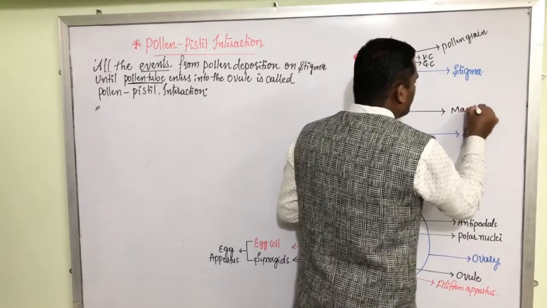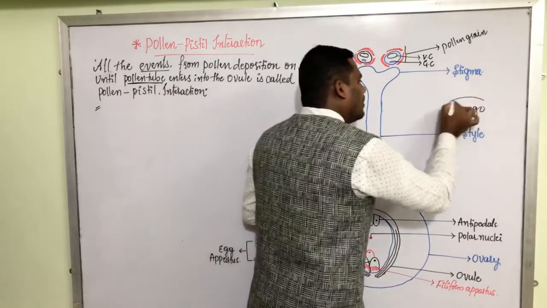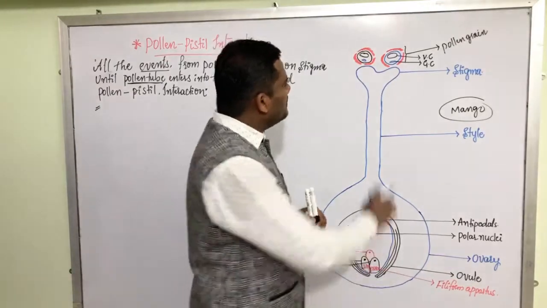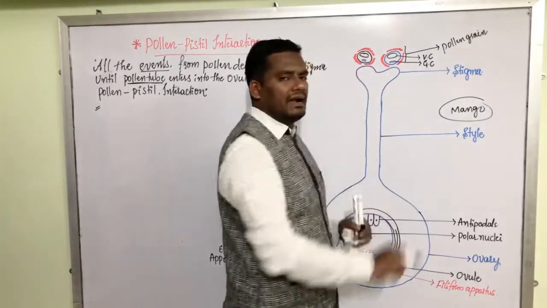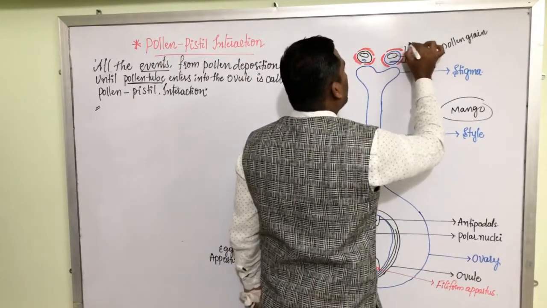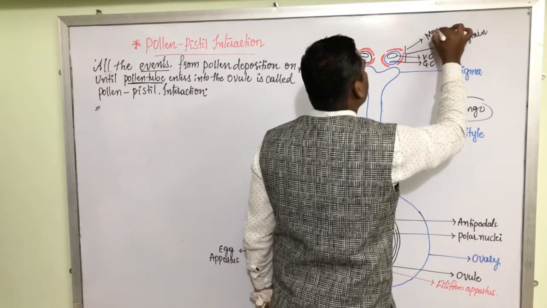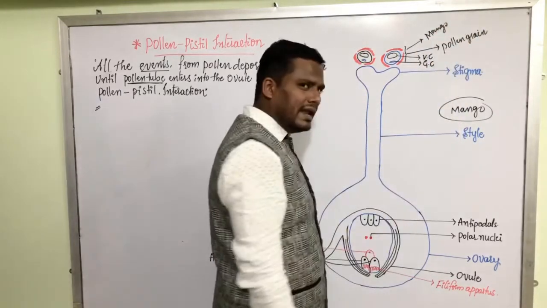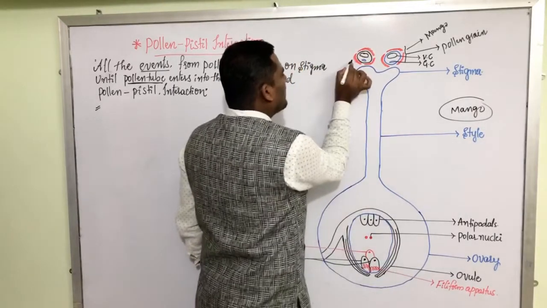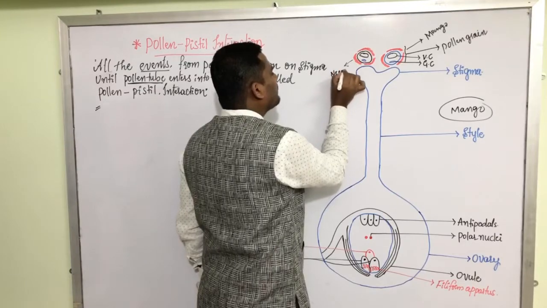It is the mango pistil. On the stigmatic surface of the mango pistil, there are two pollen grains landed. Consider this pollen grain belongs to the mango. Mango pollen grain is landed on the stigma of the mango plant. Here, consider this pollen grain belongs to the neem plant.